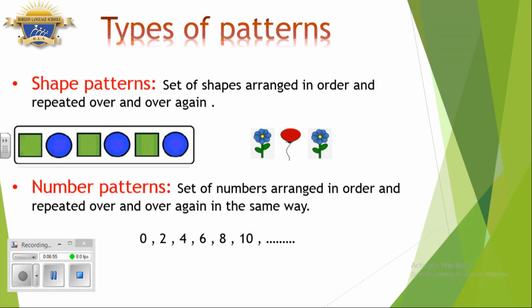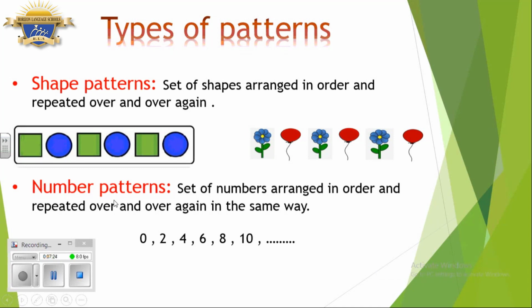So I will repeat the blue flower, red balloon more than one time. After the blue flower comes a red balloon. After the red balloon comes a blue flower and a red balloon, and so on. We will continue the pattern forever.